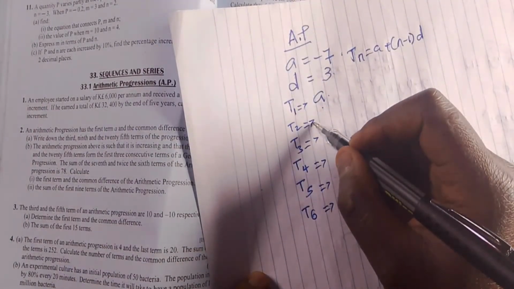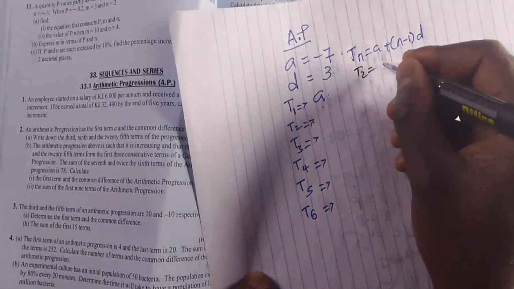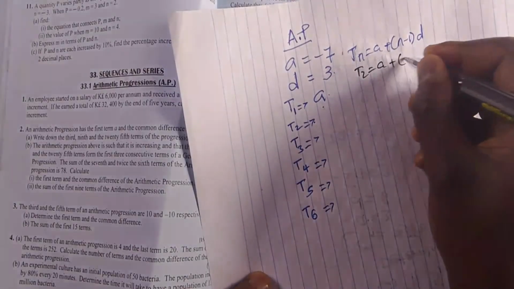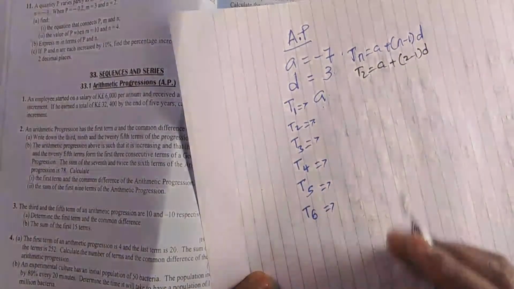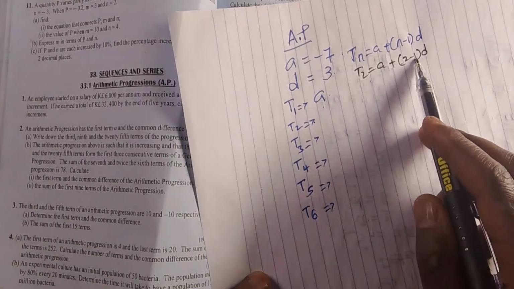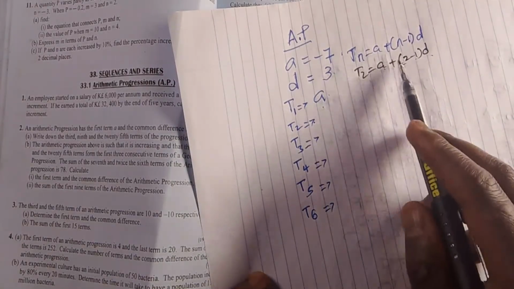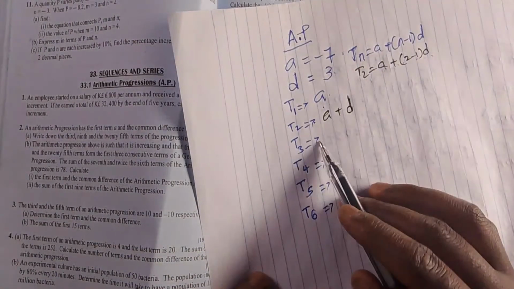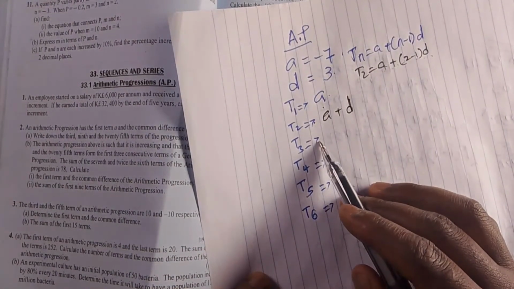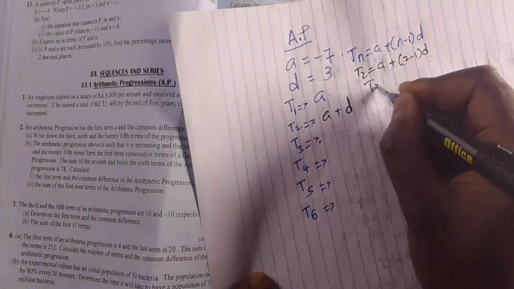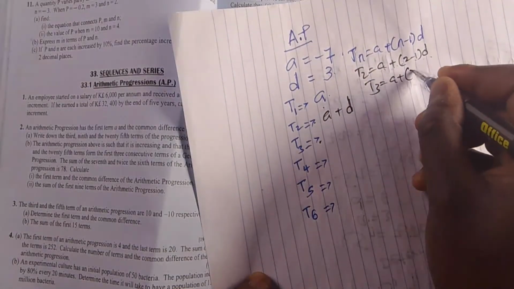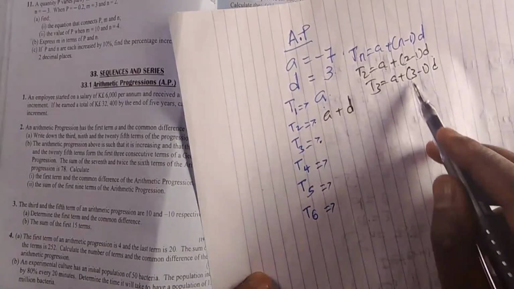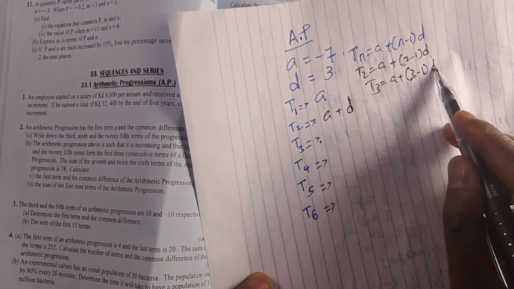Then T2 was A plus 2 minus 1 D. 2 minus 1 is 1, 1 times D is D. So T2 is A plus D. Then we go to T3. T3 here is A plus 3 minus 1 D. 3 minus 1 is 2 times D, 2D.